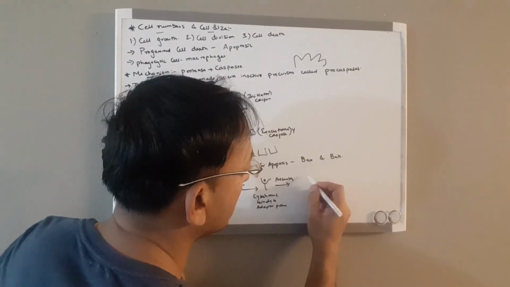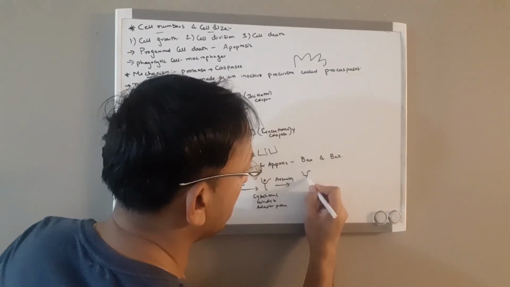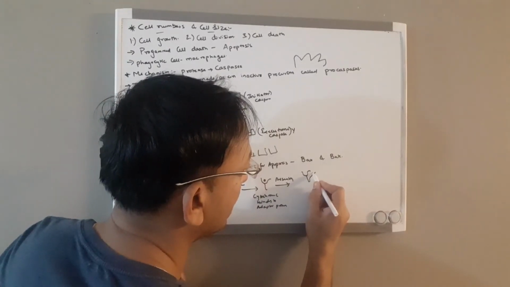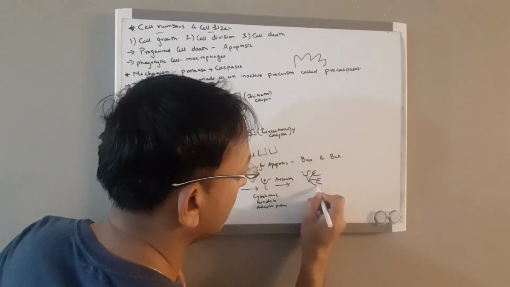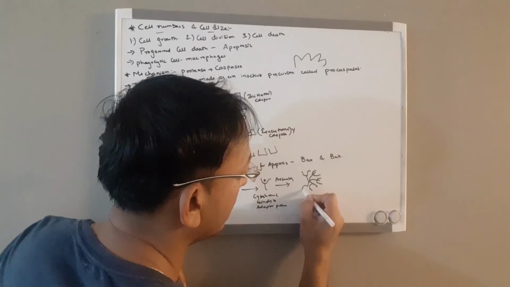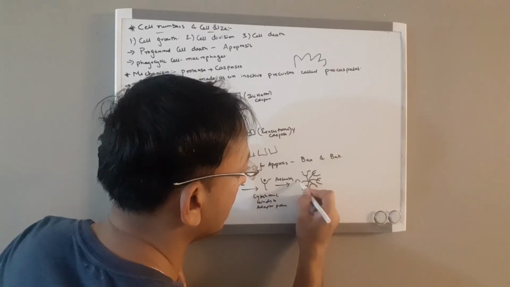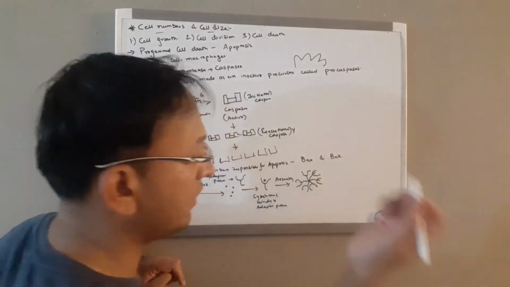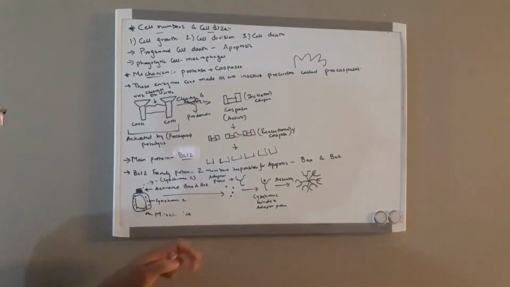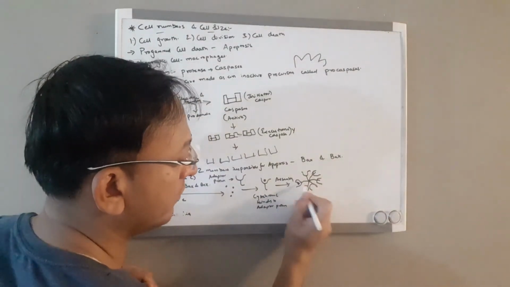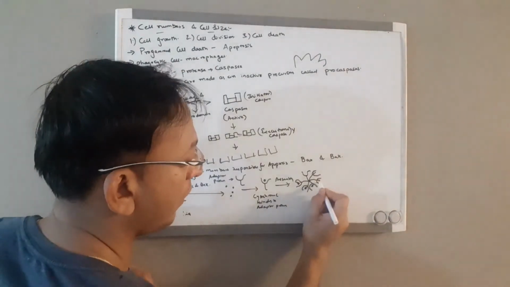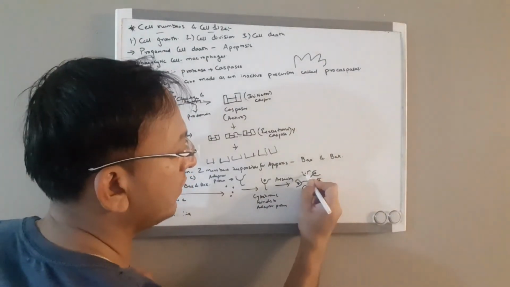I will try to make 7 arms: 1, 2, 3, 4, 5, 6, and 7. So something like this, a 7-arm protein complex, and it will all have our cytochrome C.